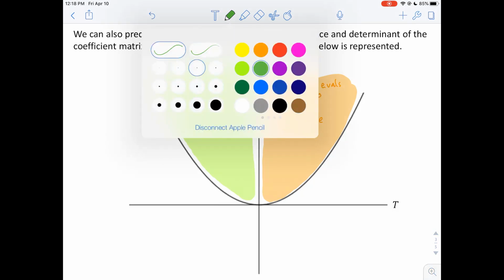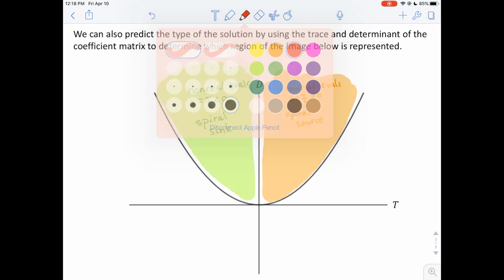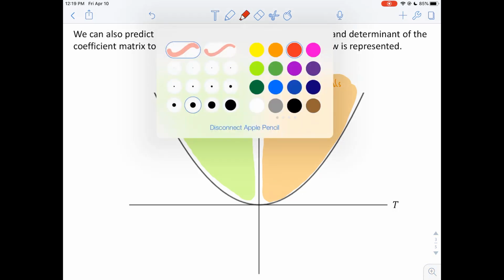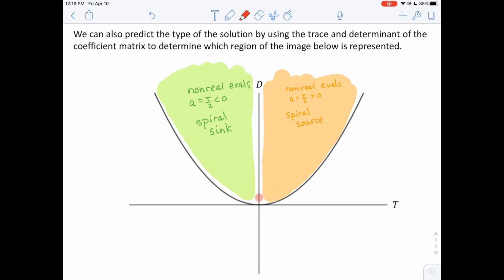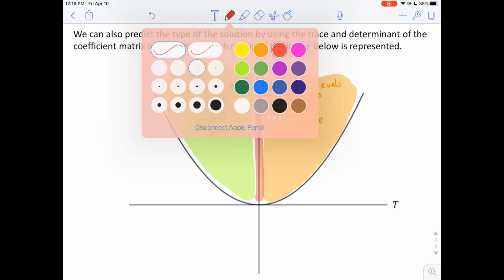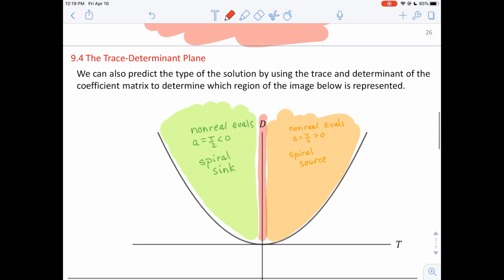So let's do red for this one, and we have to make the pen a little bit smaller. So if you're on this axis but up in this region, you still have non-real eigenvalues. So we're still in the non-real space for the eigenvalues. But this time the A will be 0 because T is 0 along that axis.